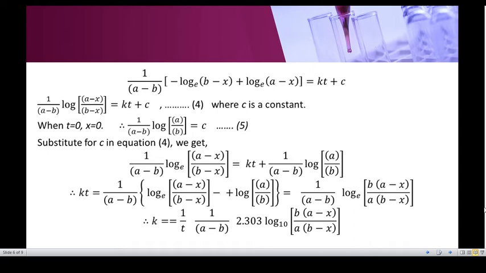So k is equal to 1 by t into 1 over (a minus b) into 2.303 log to the base 10 of b into (a minus x) divided by a into (b minus x). This is the final expression for the reaction rate constant of a second order reaction when two reactants are different. Hope you understood this simple derivation. If you have any doubts, you can ask me later.